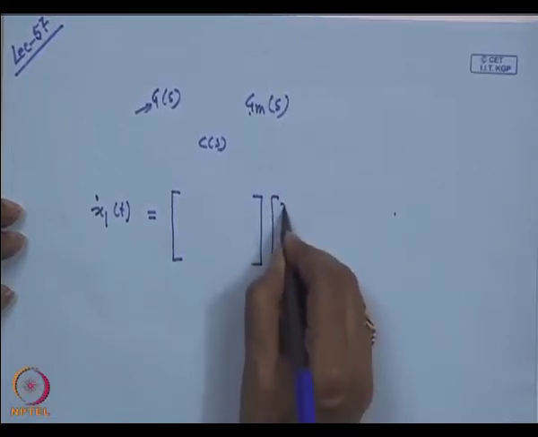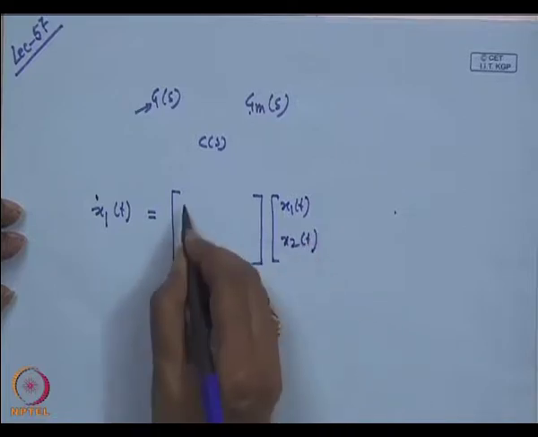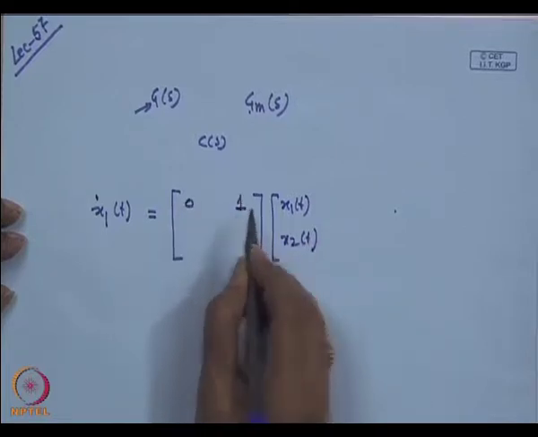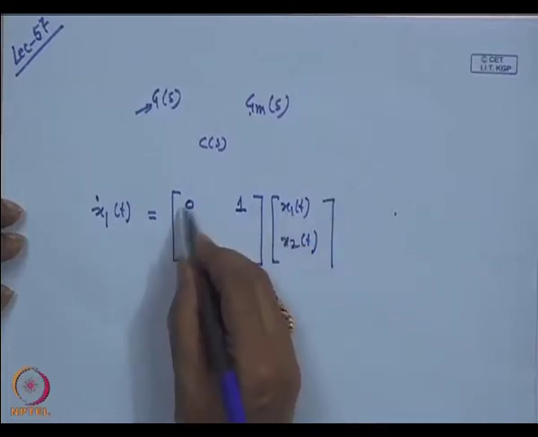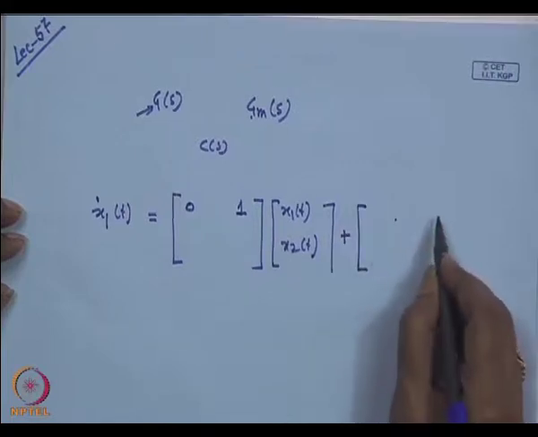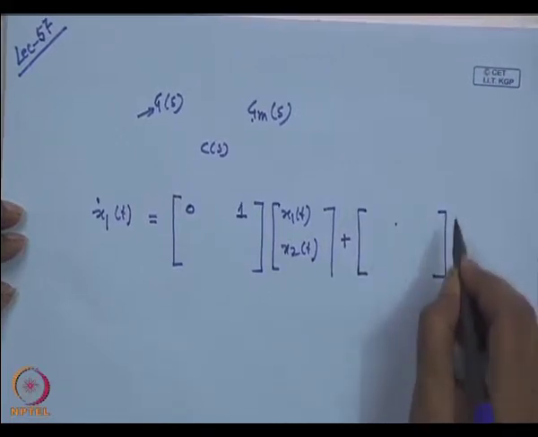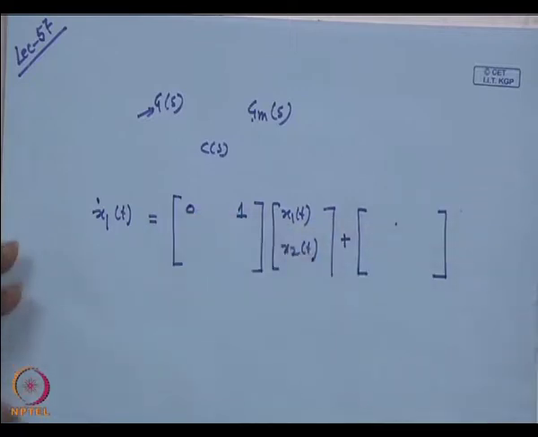So, with x 1 of t, x 2 of t, the coefficients are 0 and 1. There are no other terms involved in this equation: x 1 into 0, x 2 into 1. There are no other terms here for the time being.